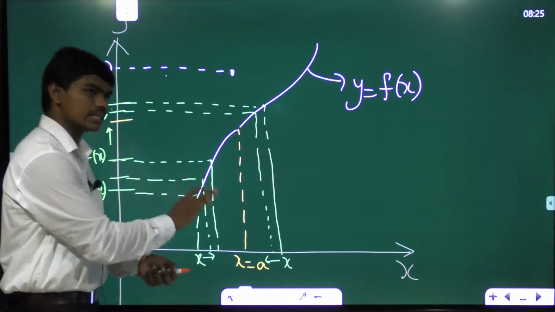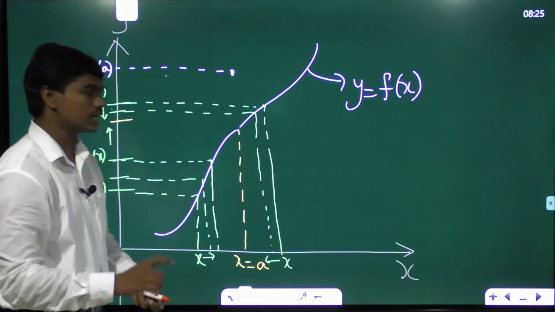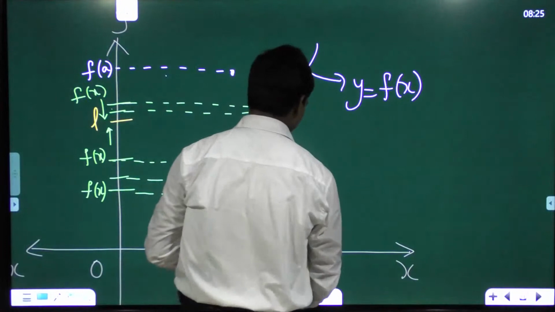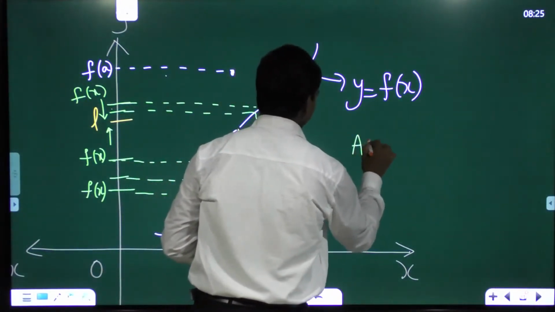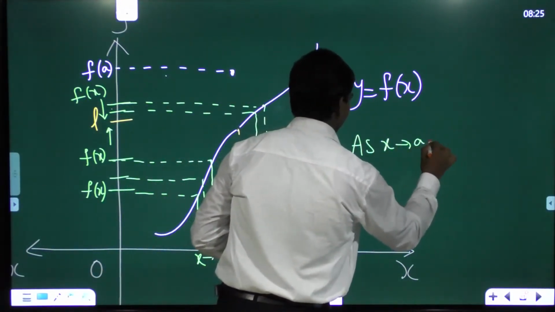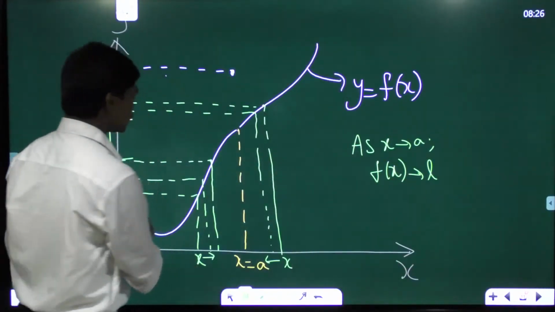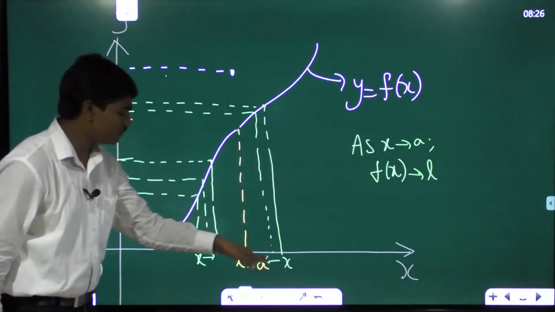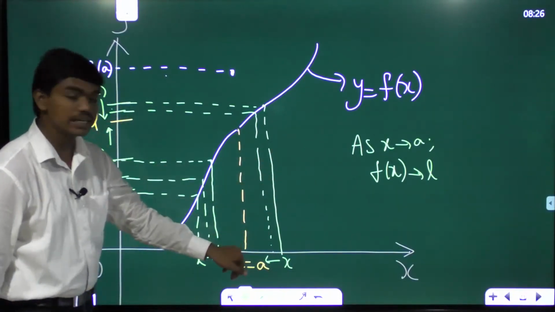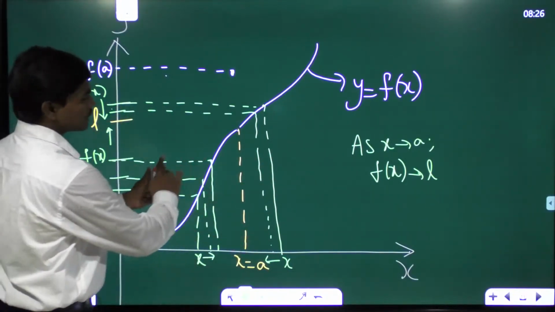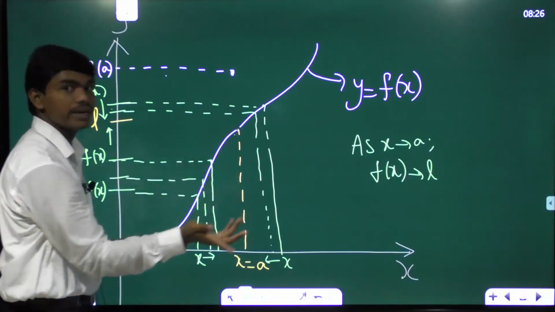Which means in this case we can still say the limit exists. Because as per the definition of limits, as x tends to a, f of x should tend to L. That's it. From both the directions, it's tending. Correct? Because when we define limits in the deleted neighborhood of a, we don't bother whether this function has a value at x is equal to a or not.